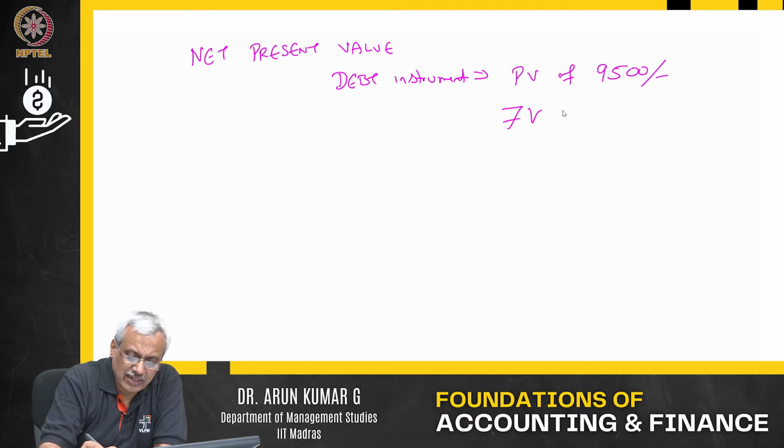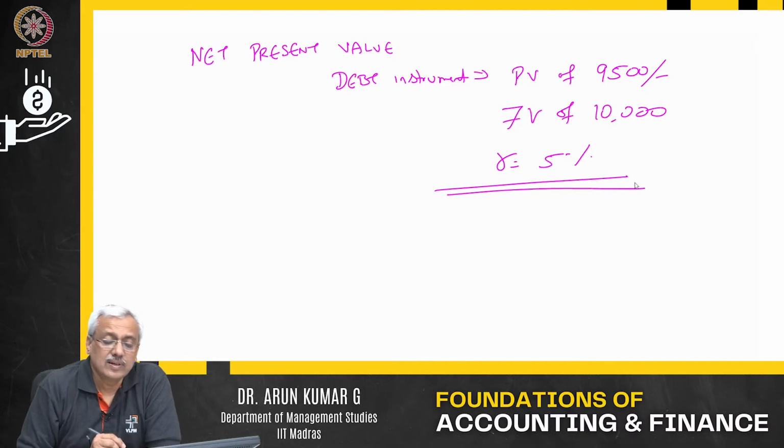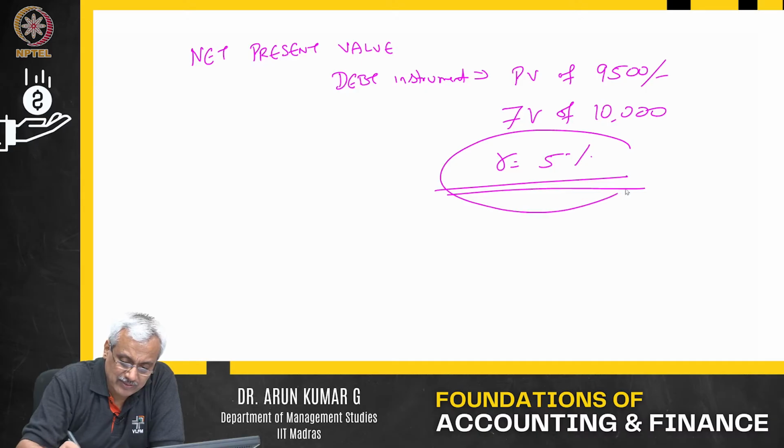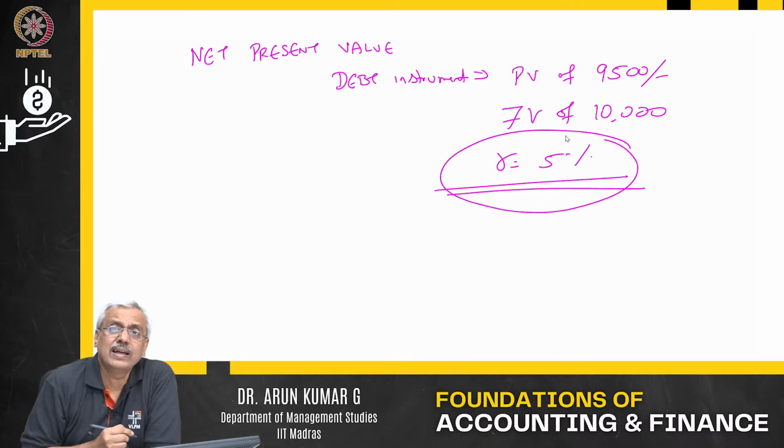It has a future value of 10,000. My expected return in this case is 5%. Now the question is, should I buy this instrument or not, if my expected return is 5%? Let us see.